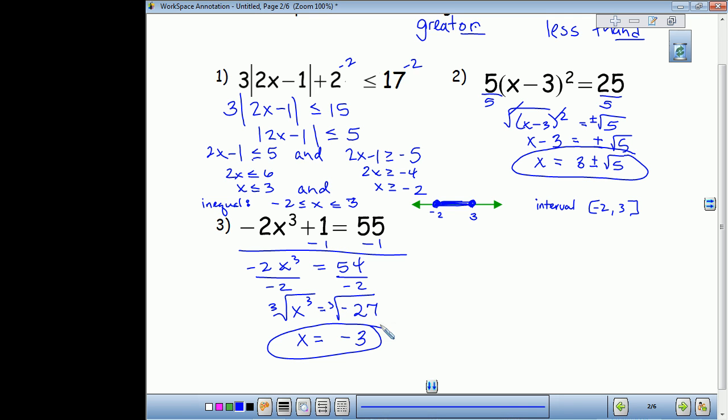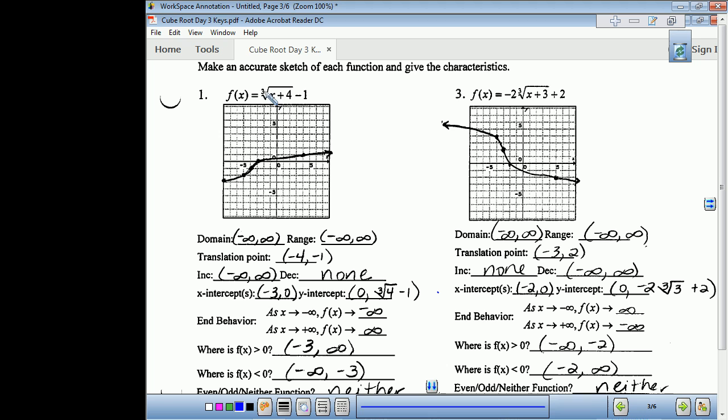Okay? Now, the test. If you know what to do without having to sit there and stare at the problem for like 2 or 3 minutes before you get started, you're going to be just fine. So this week, that's what you need to make sure, that you can start a problem fairly quickly. Like on last night's homework, you didn't have to memorize your moves. You pick numbers you can take the cube root of.